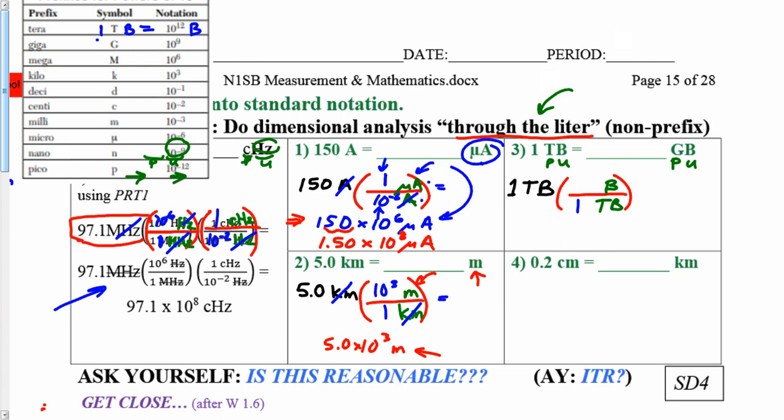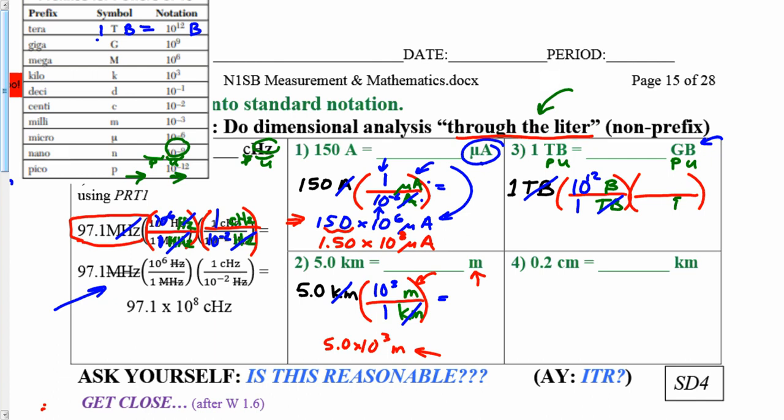Bytes has 10 to the 12th next to it, so we put a 10 to the 12th next to it. All right, cool. Terabytes canceled. We're in bytes. Now, before you start doing math, notice our goal is gigabytes. So, we're not done. What do we do? Don't press equals. Put another fraction on there. Stack it on. Fill it up.